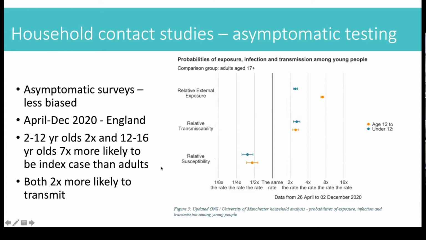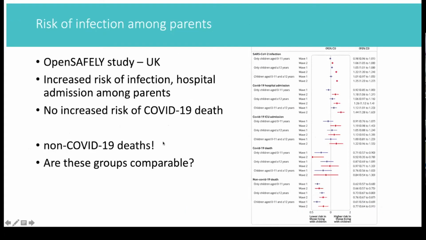So children certainly do get infected, probably because of mass exposure in school. So, it determined that the relative susceptibility was lower, but that because of exposure, they were more likely to get infected and more likely to bring infection into households and infect members of the household.